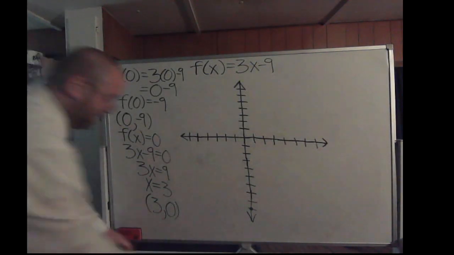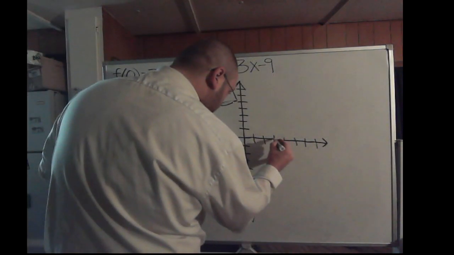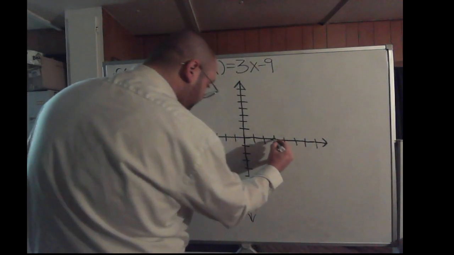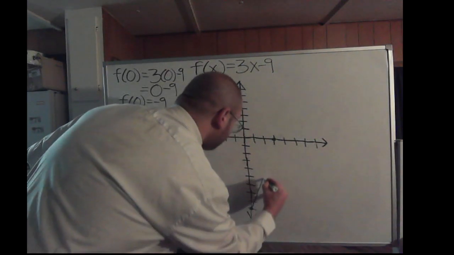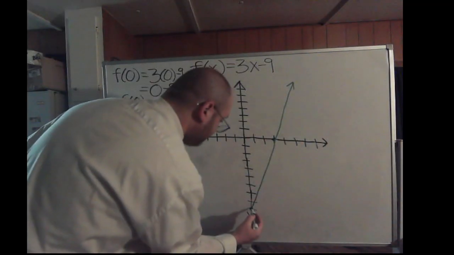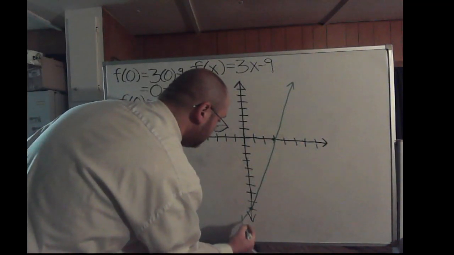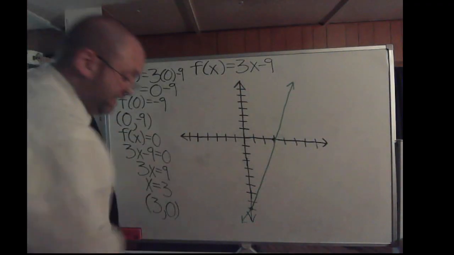So now we can plot the point 3, 0, which will go right here. Then we'll just connect these 2 points. And there is the graph of f of x equals 3x minus 9.